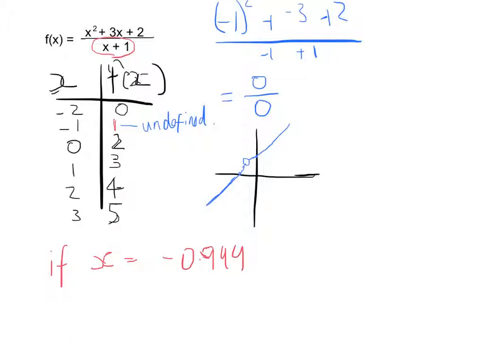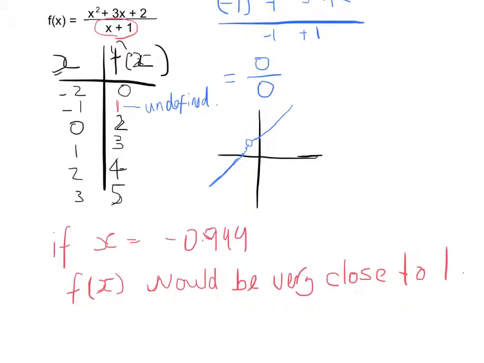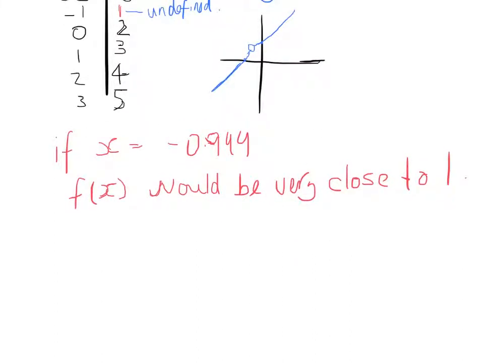If that was the case, then we're going to end up with it getting very close in f of x. Very close to 1. And so there's a way of writing this that describes this. What we say is this.